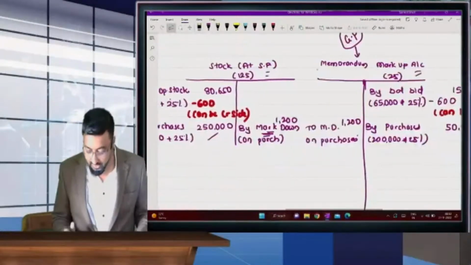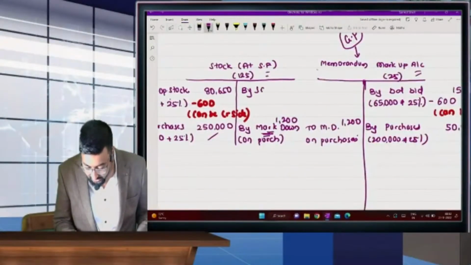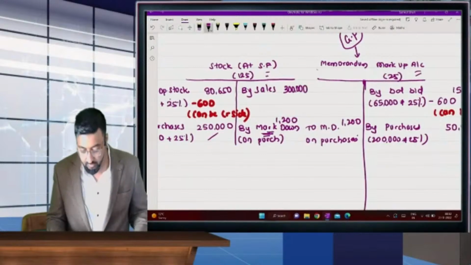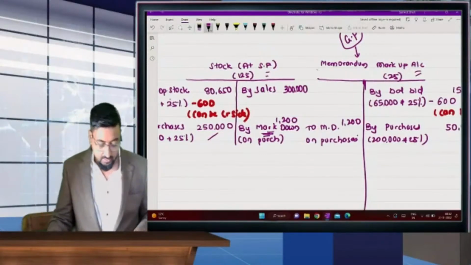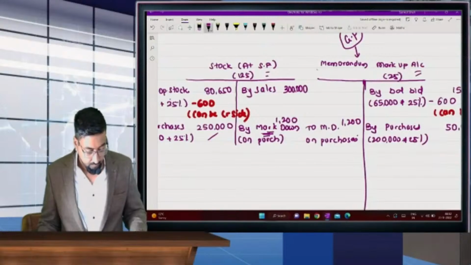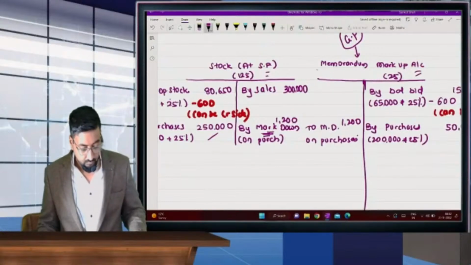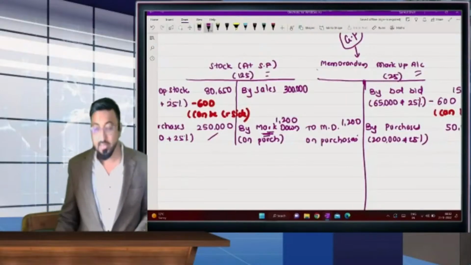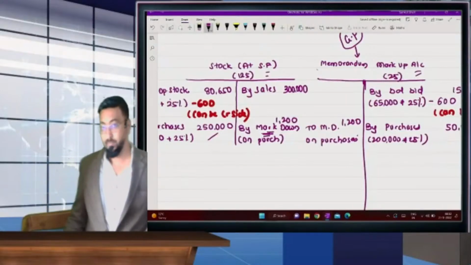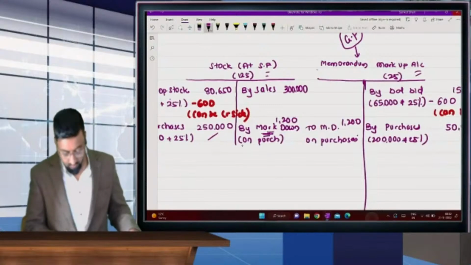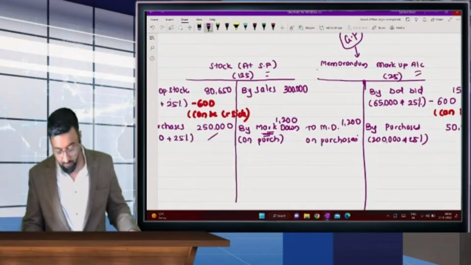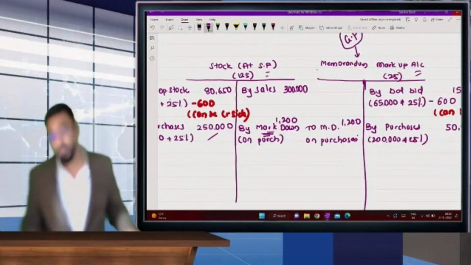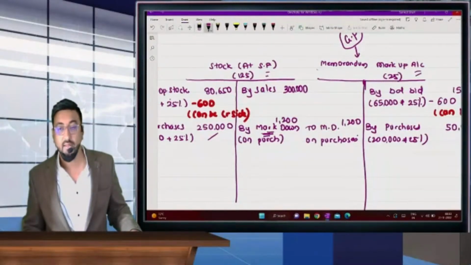By sales 3 lakhs. ठीक है? सेल्स हो गया 3 lakhs. ठीक है. अब सेल्स के ऊपर कुछ भी कैलकुलेट मत करना. Don't calculate anything on sales.